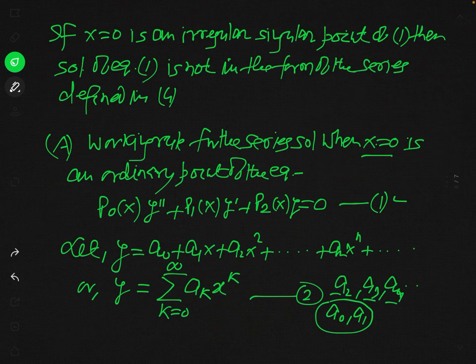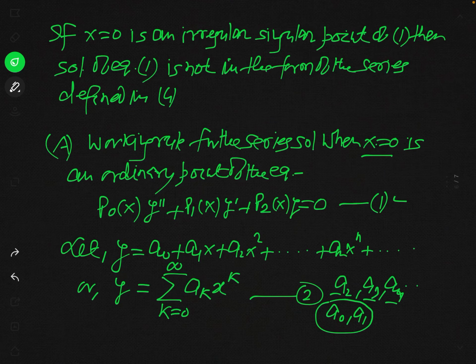For this, in the first step, you have to find the derivatives of y of first order and second order simply by differentiating this equation 2. In first step, find dy by dx.